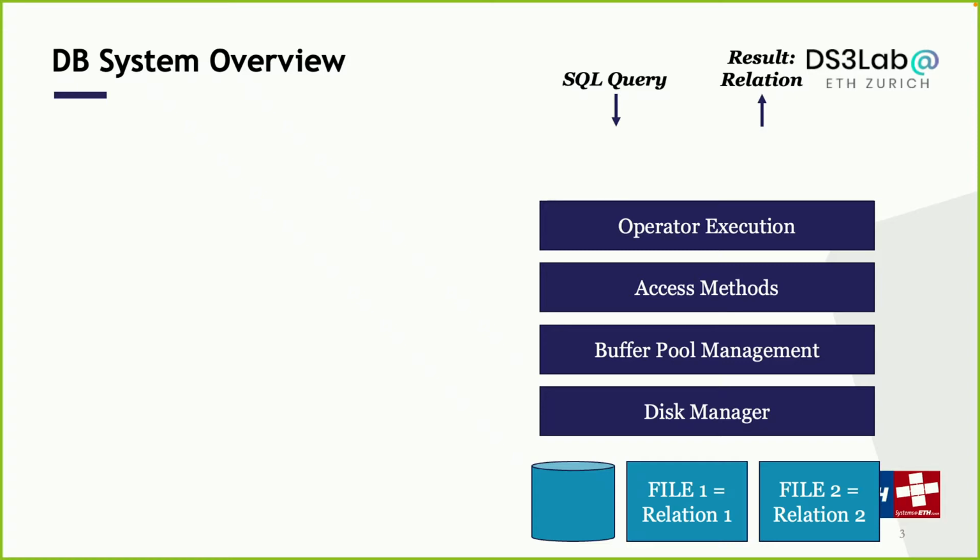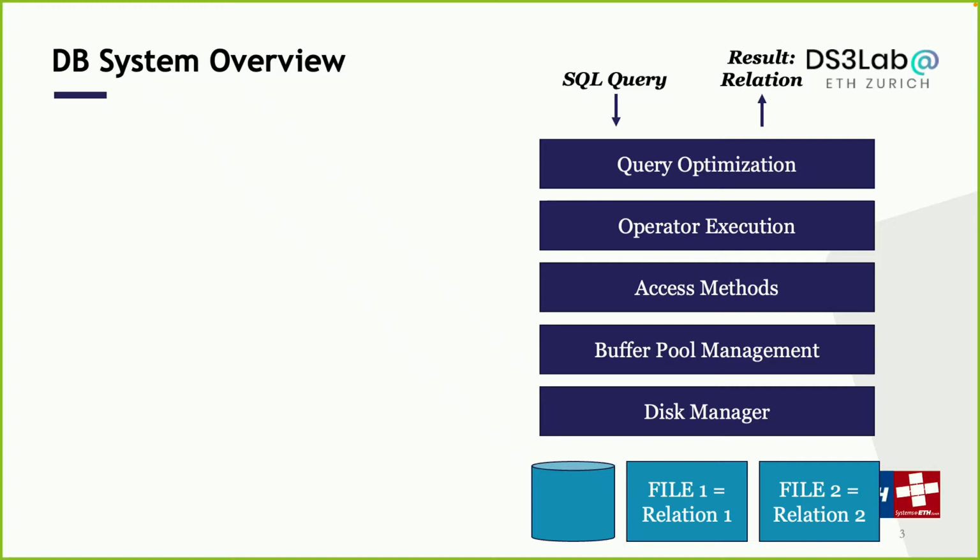This is the layer where you start to have not only how to access data, but even logical operators, for example a join, a selection, all those relational algebra operators. Operators start to appear at this layer. And then at the top layer, you have your query optimizer, which we are going to talk about on Friday. Essentially, given a SQL query, it is going to compile that into a relational algebra expression.